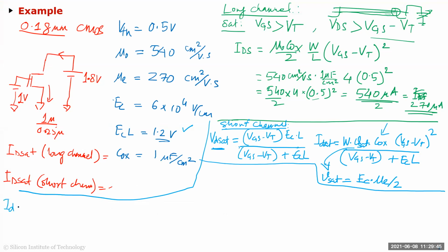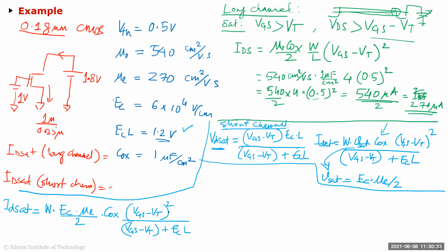ID sat is equal to, if I substitute VSAT equal to EC mu effective times 2, then it's going to be W times EC times mu E over 2 times Cox, then VGS minus VT whole square divided by this correction term, which is VGS minus VT plus ECL. Now, I already see that I got mu Cox W.